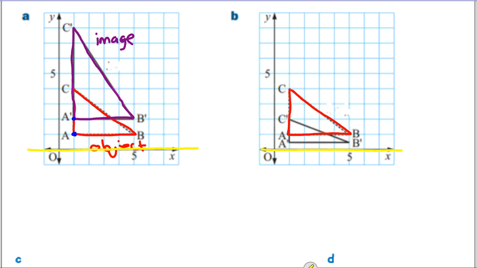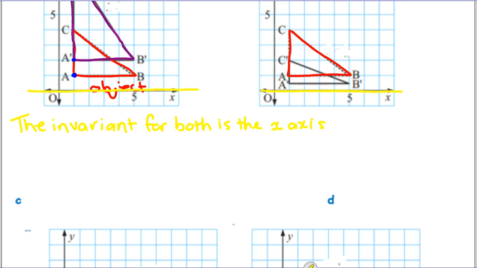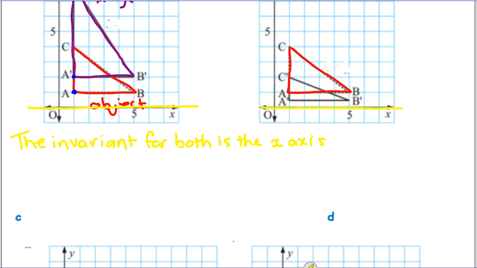So I'm just going to write that the invariant line for both is the x-axis. Quite often it's the x-axis or the y-axis, or it could be just another kind of horizontal line, for example, y equals 5, y equals negative 4, or another vertical line. So that's just easy because for both of them, it's the x-axis.